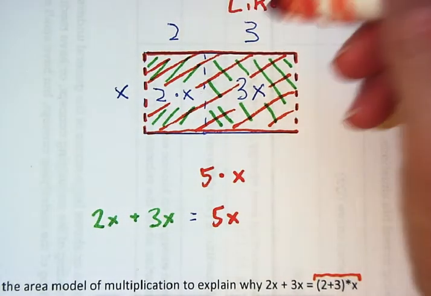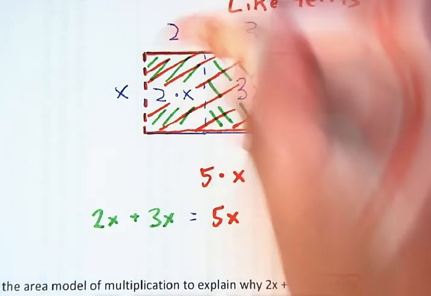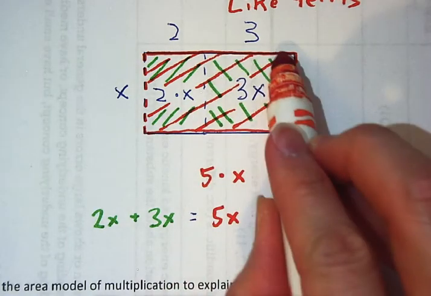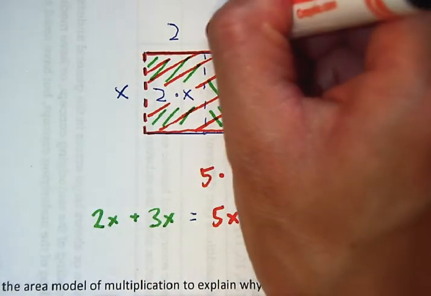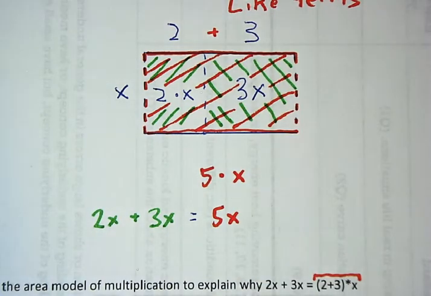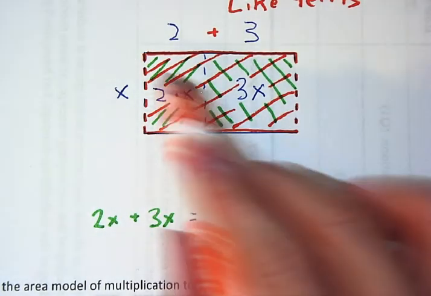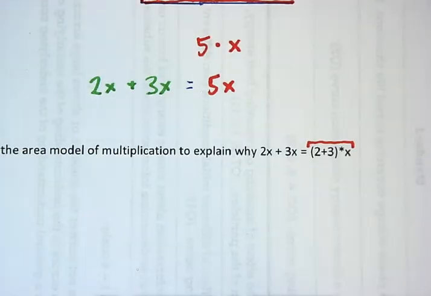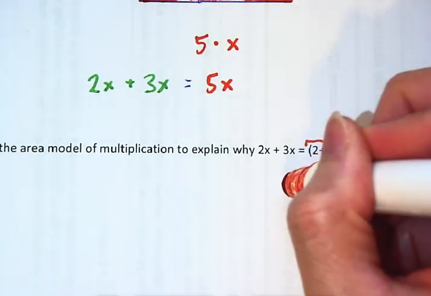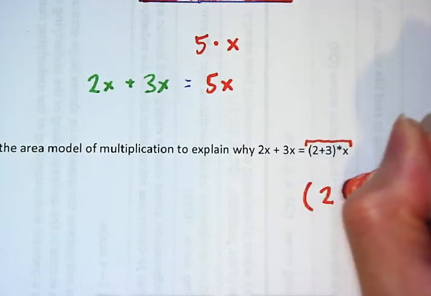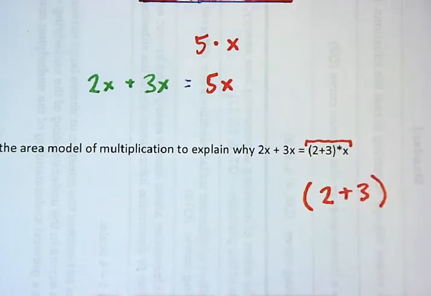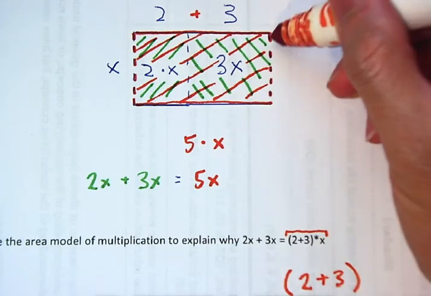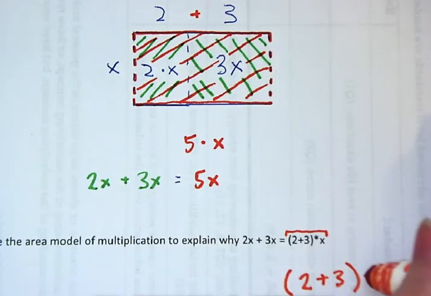Well, I got 5 because it was this 2. This 2 goes from here to here. And then this 3 goes from here to here. So from here to here, the way I got the 5 is just 2 plus 3. So the length of this side is just 2 plus 3. And then the length of this side, once again, is just x.